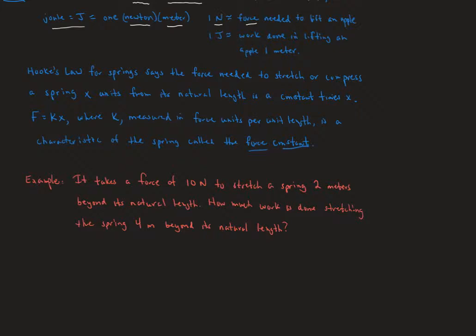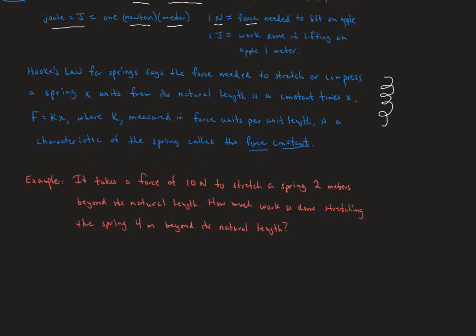So Hooke's law for springs. So we're thinking now springs, so these might be anything from a really tiny spring you might see in a watch to those really big thick ones you might see in the suspension of a car. But Hooke's law for springs says that the force needed to stretch or compress a spring x units from its natural length is a constant times x.